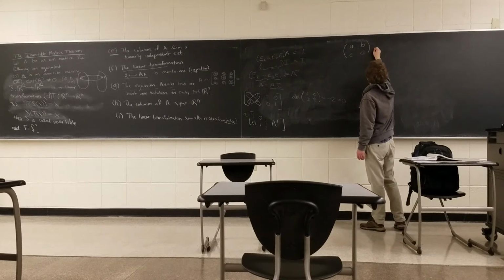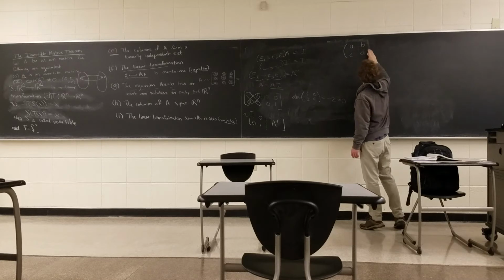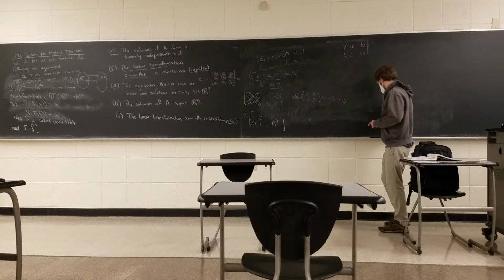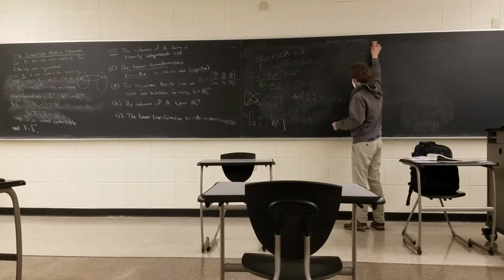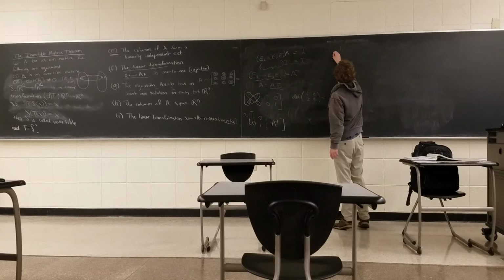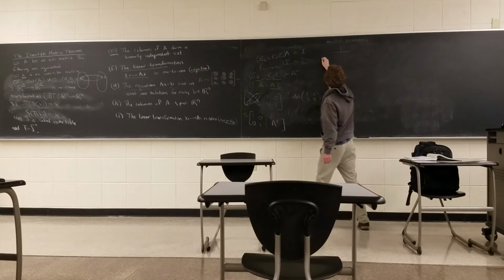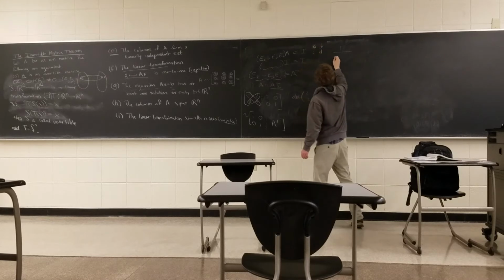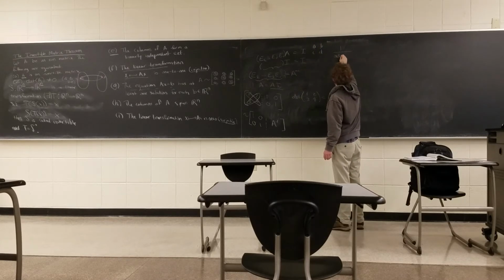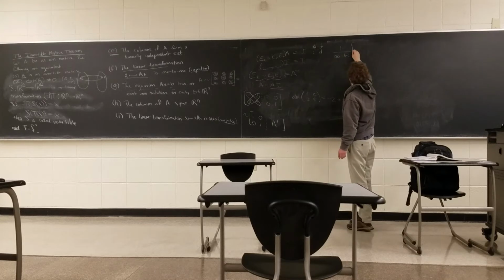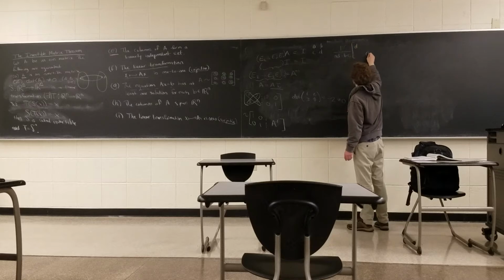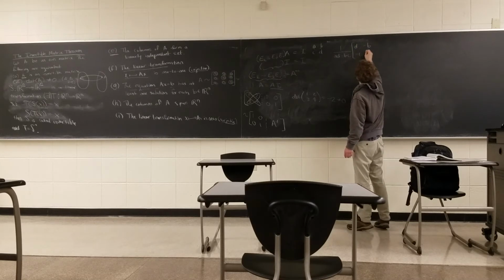So what did we get? Oh, now I remember. That was a lot of work. What we got in the end was, where the matrix is A, B, C, D, 1 over AD minus BC times the matrix D, -B, -C, A, right?